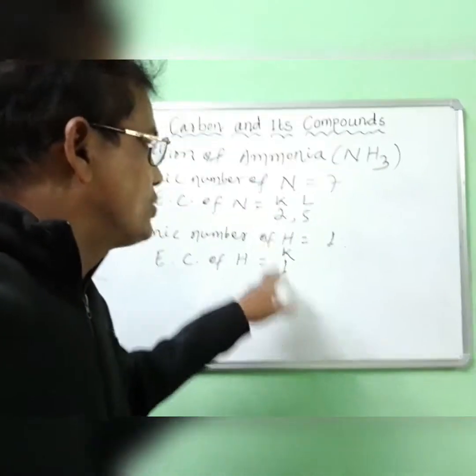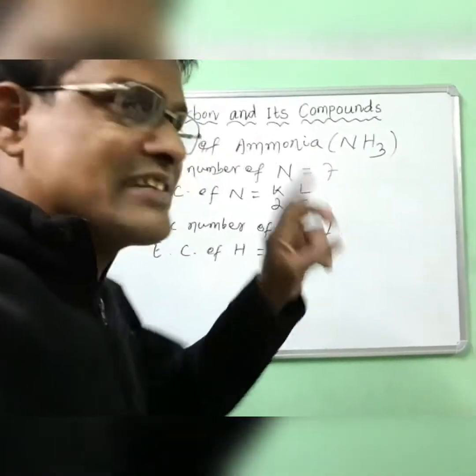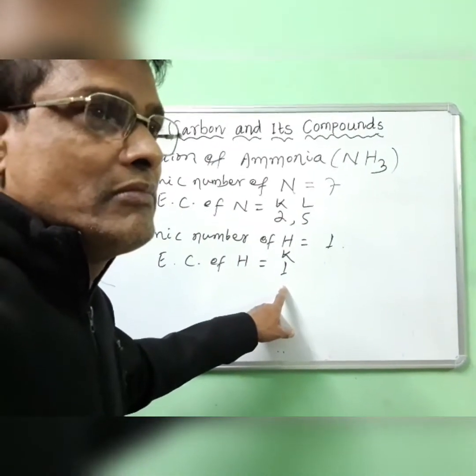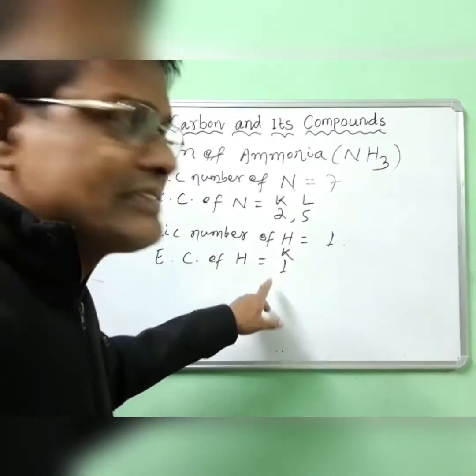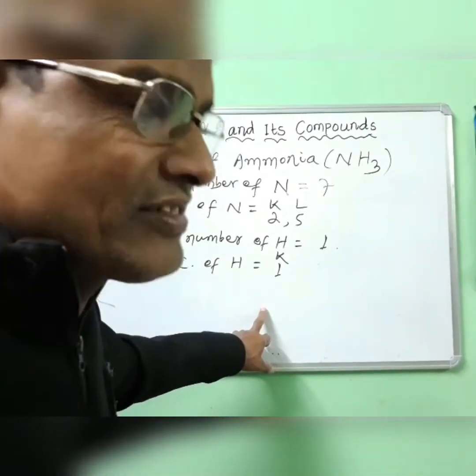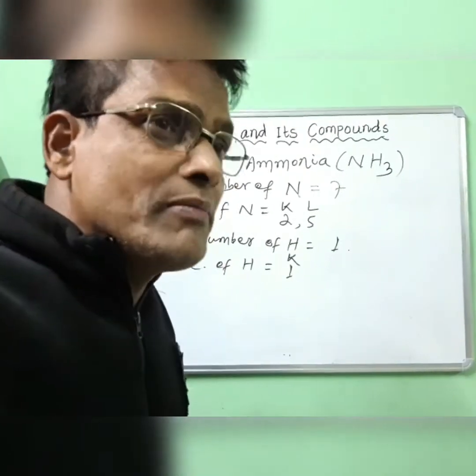Okay. So each hydrogen atom requires 1 extra electron to attain its nearest inert gas configuration, that is the configuration of helium, or to become 2.